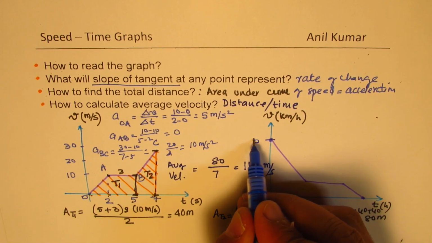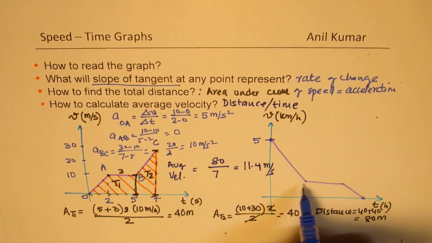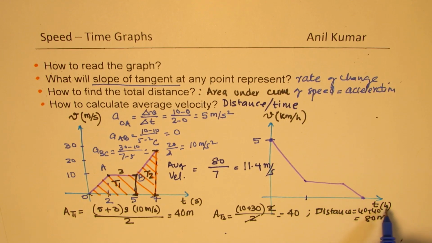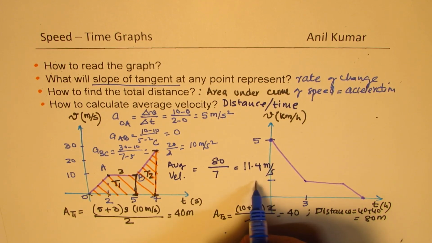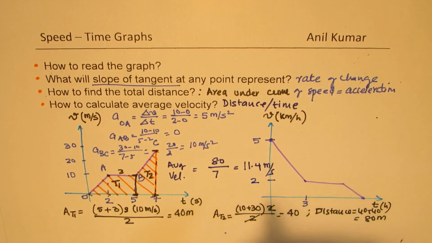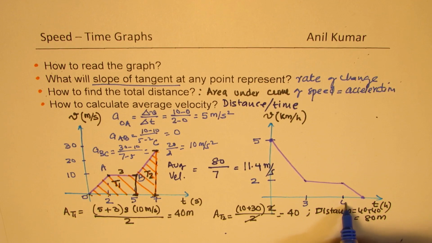Let's say that is 5 kilometers, right? And it takes about let's say 3 hours to travel up to, this is, let's say 2 hours, right? So it covers that much of distance in kilometers. And then let's say this time is 6 and that is 8 for us, right, in hours.